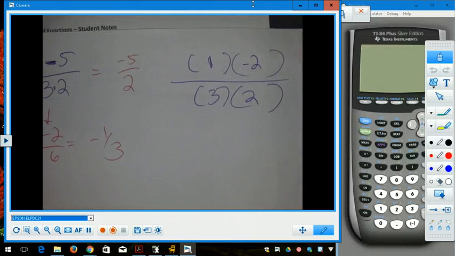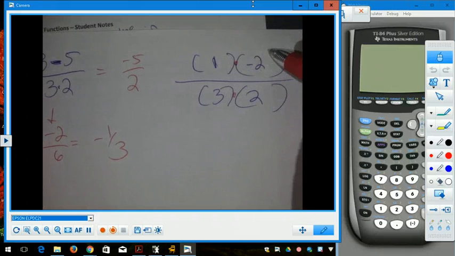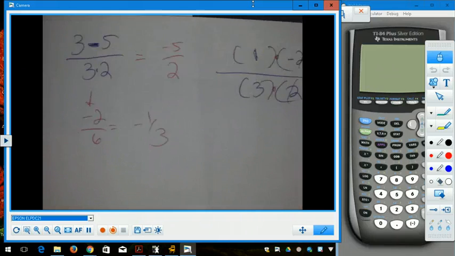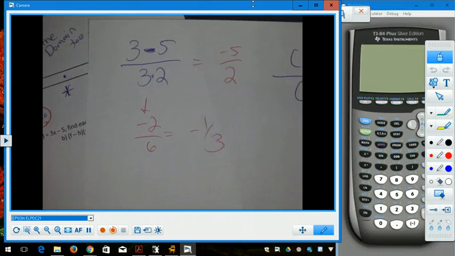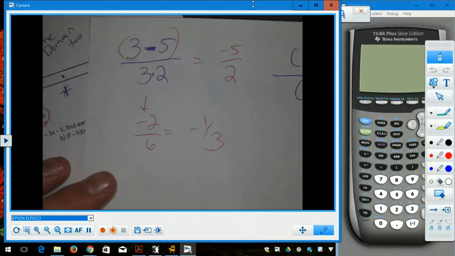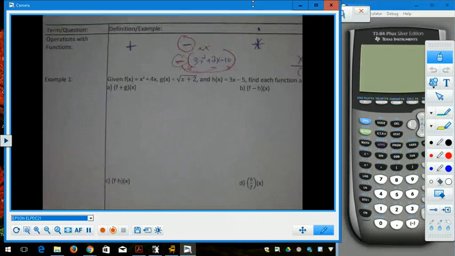Well, now that they're all in parentheses, everything's being multiplied, now I can cancel this factor of 2, and it gives me the equivalent fraction of negative 1/3. So if it's all multiplication and division, you can simplify. If there's a plus or minus sign, you have to treat it as its own factor and try to simplify it first.